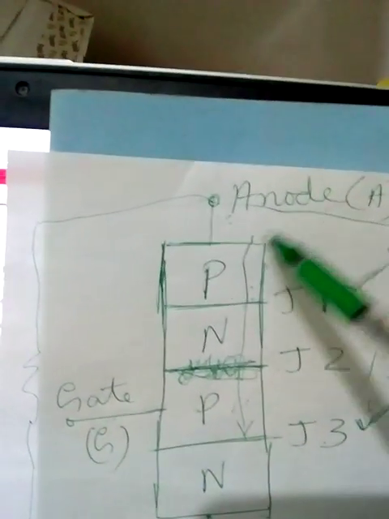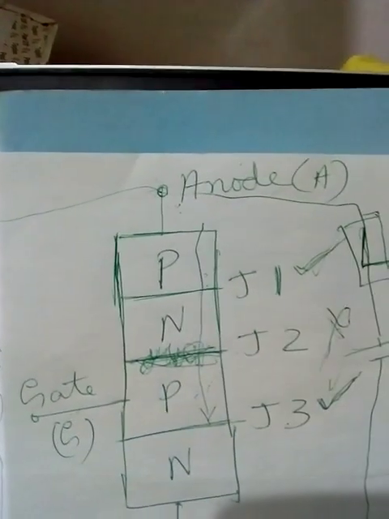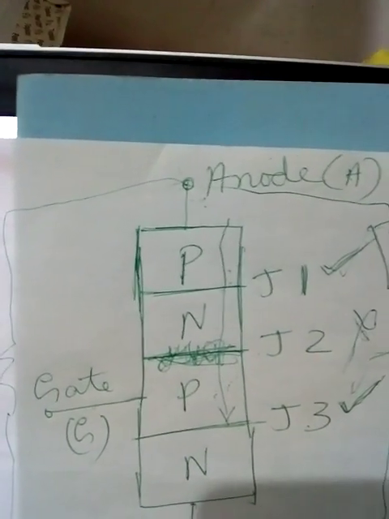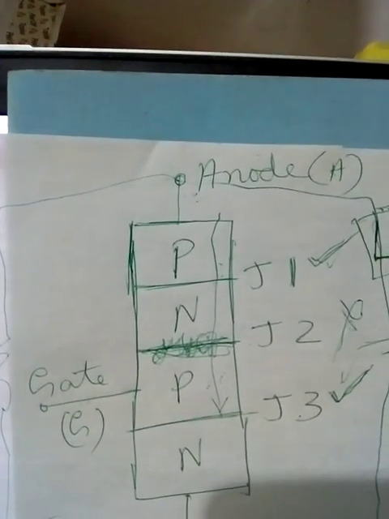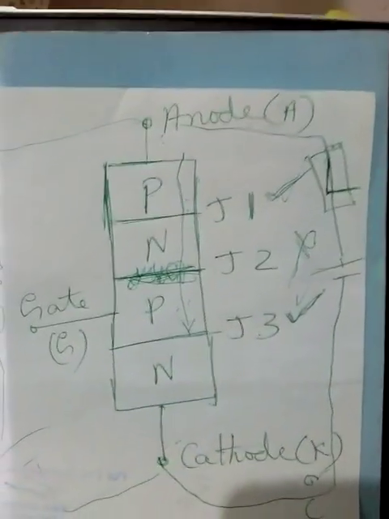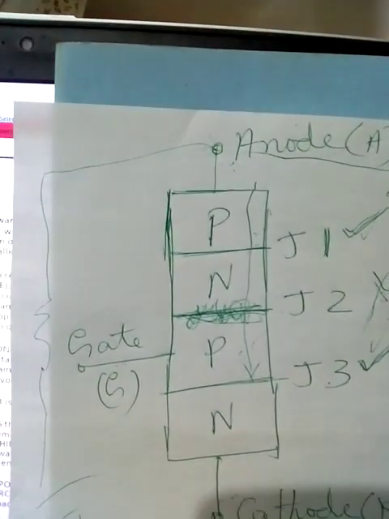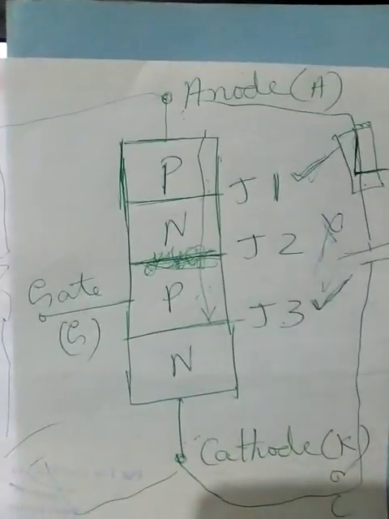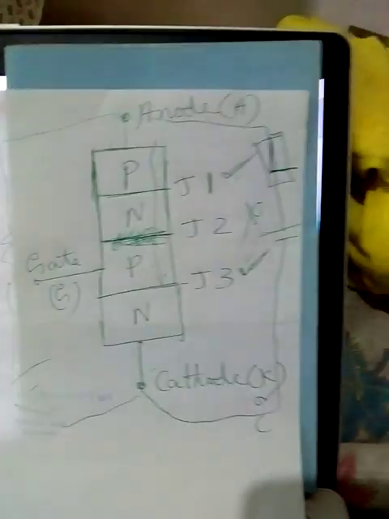So now a small leakage current flows, which is in the order of micro or nanoamperes. For the load, this nanoamperes or microamperes is negligible. Hence, from the load point of view, SCR is in off state or blocking state.